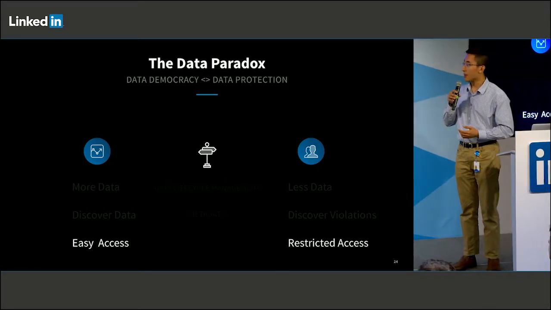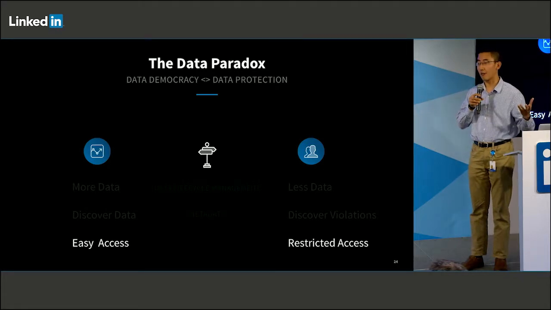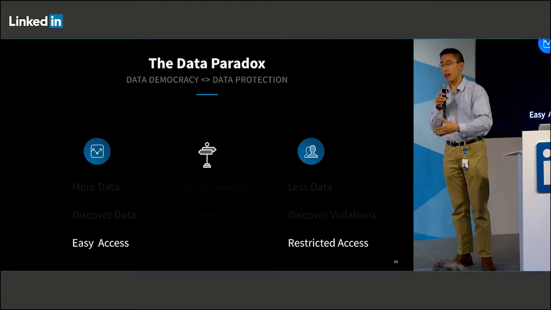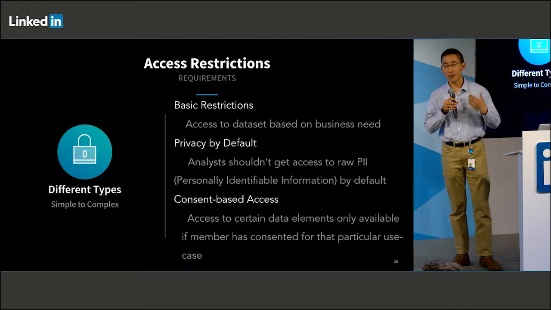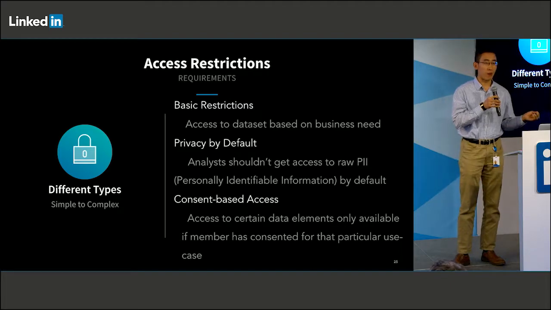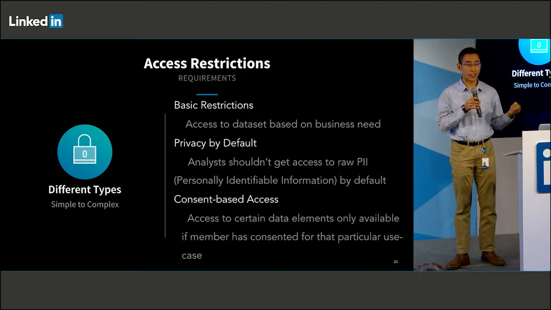And I'm going to talk to you about the last part of the data paradox, which is how do you balance giving everyone access to the data versus protecting members' privacy. So, let's talk about some of the requirements. Of course, everybody wants access to all the data, especially analysts and data scientists.